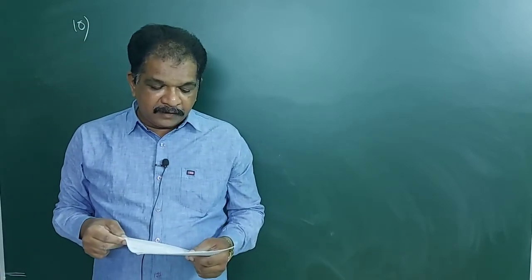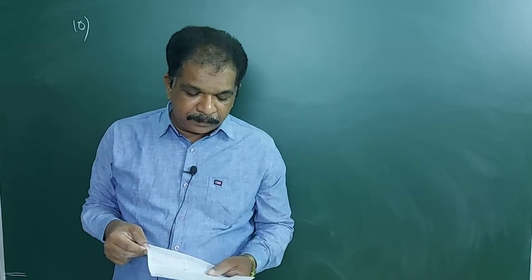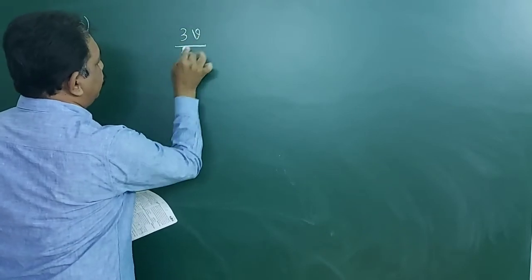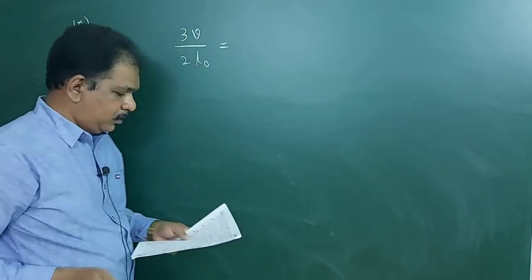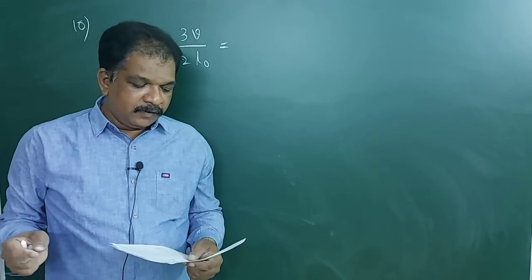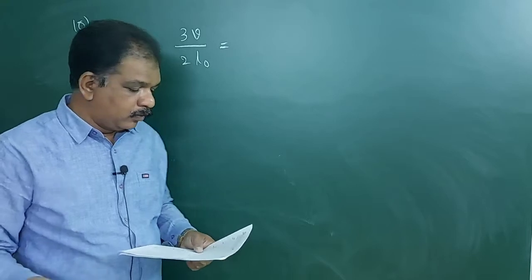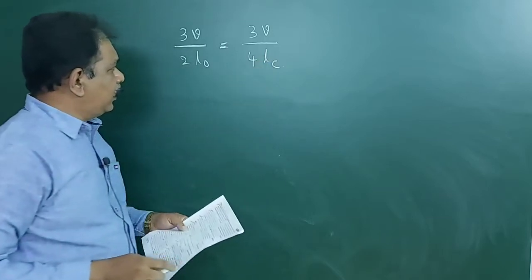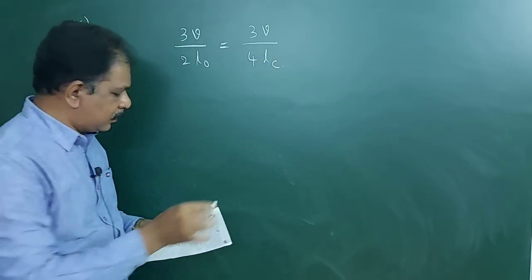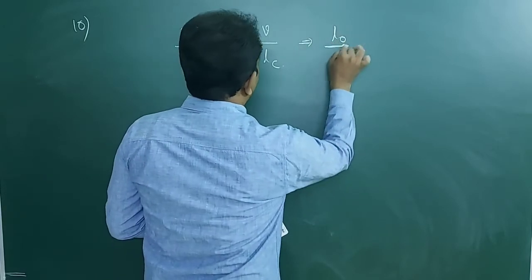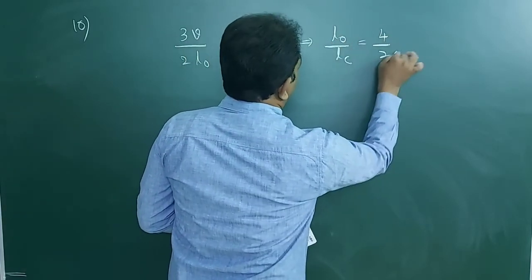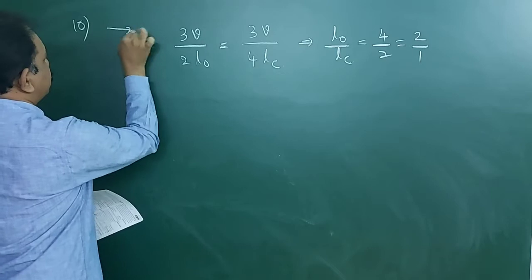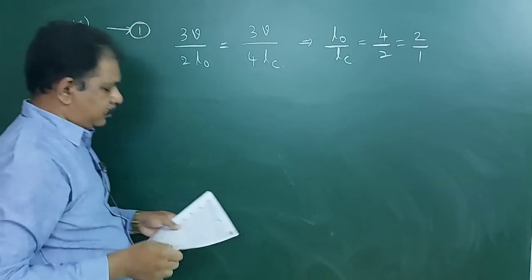Frequency of the second overtone of the open pipe, 3V by 2Lo, is equal to the frequency of the first overtone of the closed pipe, which will be 3V by 4Lc. Then the ratio of length of open pipe and closed pipe will be 4 by 2, so this will be 2 by 1. 10th question, it will be the first option.